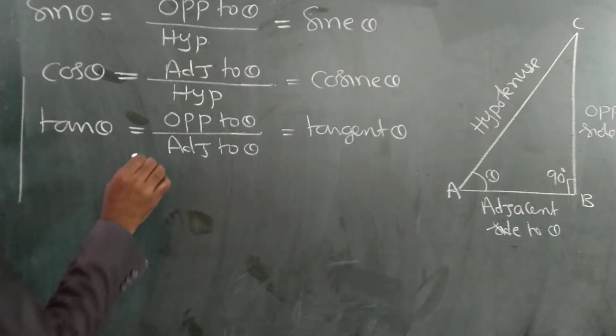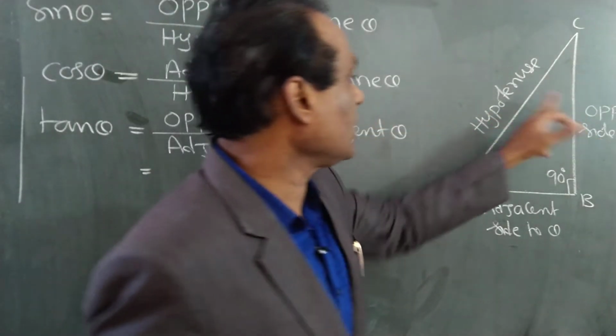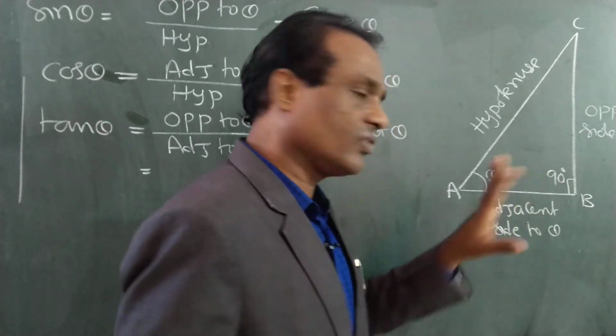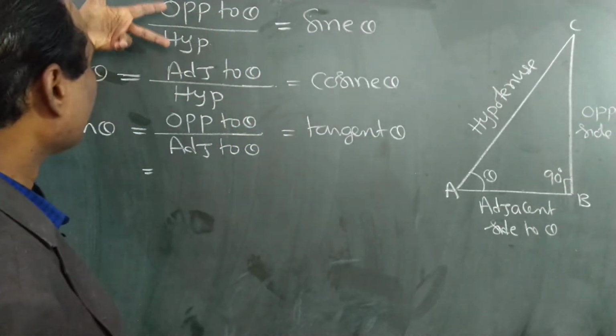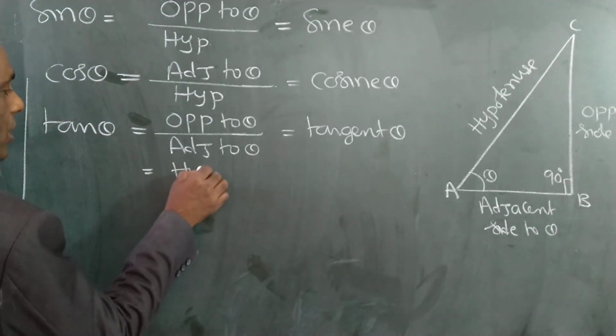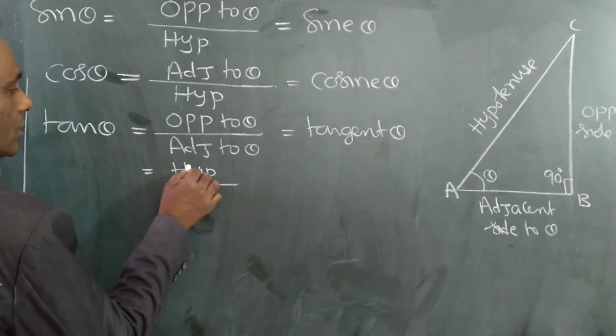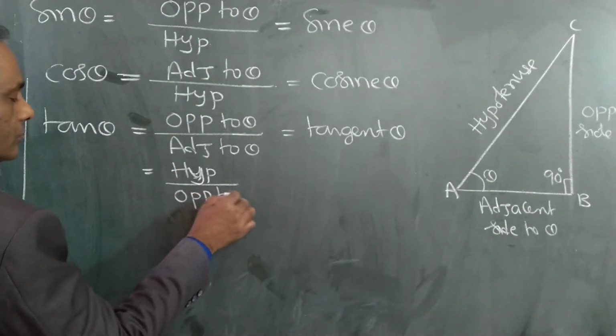Next, in total we have 6 ratios, the names of 6 ratios. This to this, this to this and this to this, all are covered here, but same in reciprocal. Reciprocal of this, that means hypotenuse side by opposite.